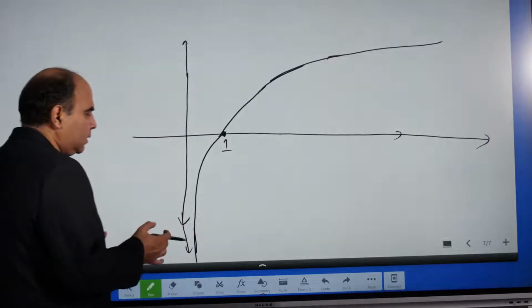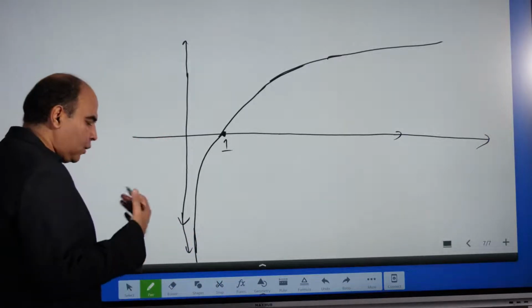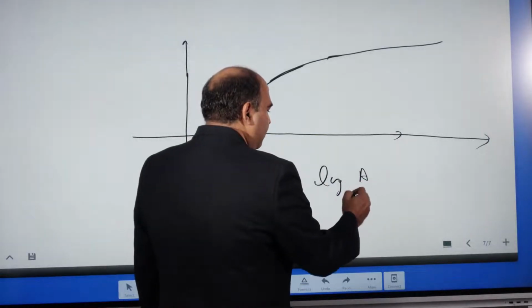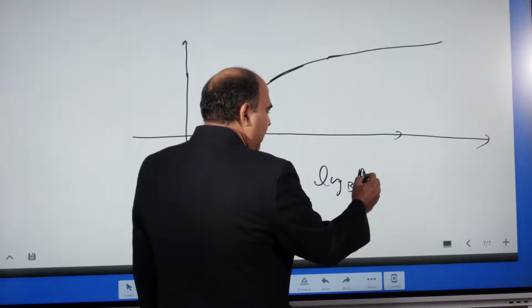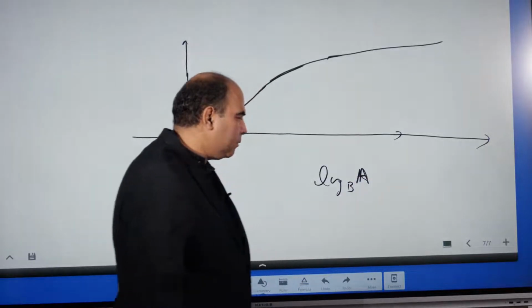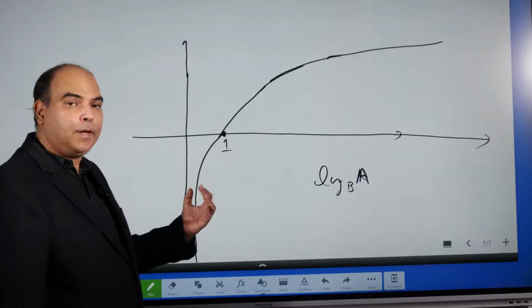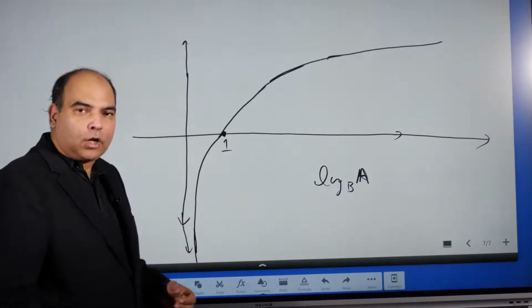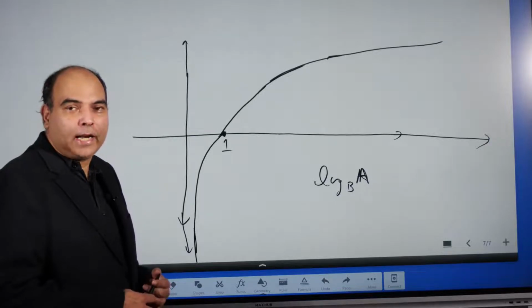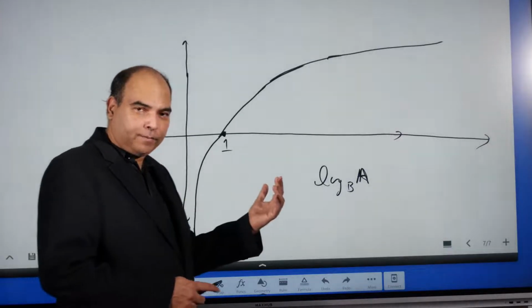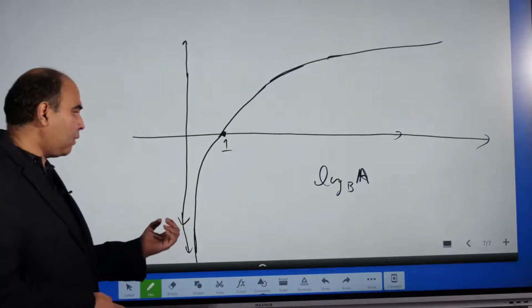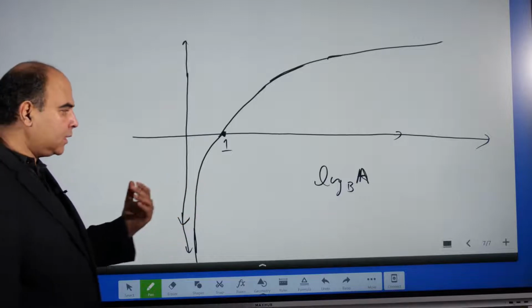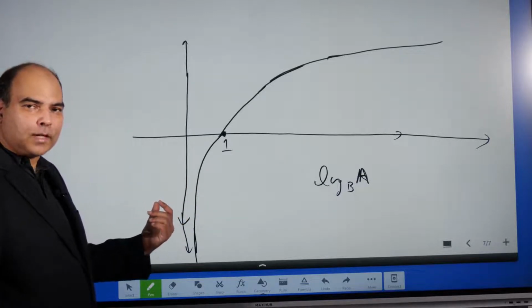When we talk about the definition of log a to the base b, the value can be negative, the outcome can be negative, but the base can never be negative or 0, and the argument a can also not be negative or 0. A is always positive. So the graph of the log is always to the right of the y-axis and does not exist to the left of the y-axis.